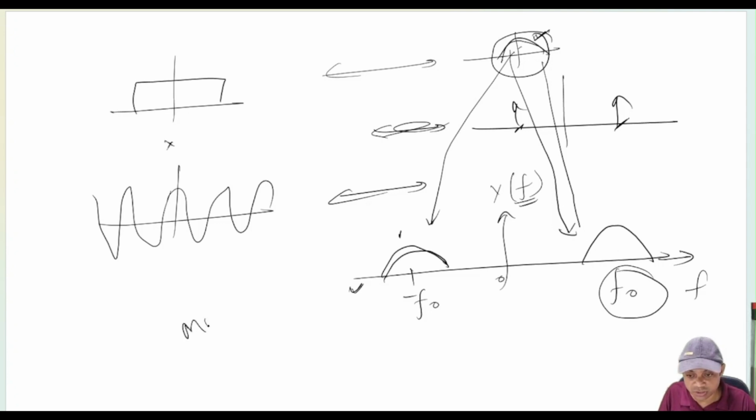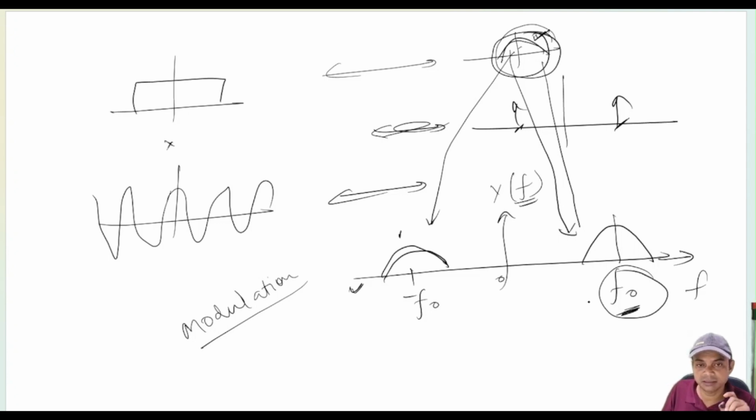This process is called modulation. When we shift the low frequency signal to some central frequency f naught at high frequency, it is called modulation. I hope it is clear. If you have any doubt, please write in the chat box. I will try to clear your queries.